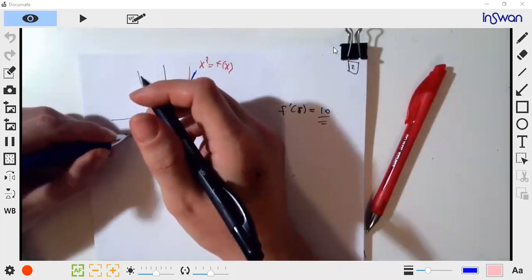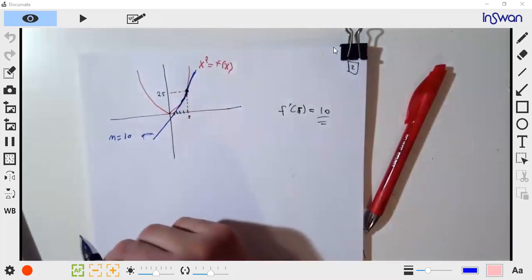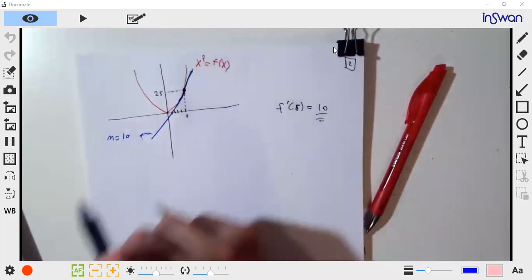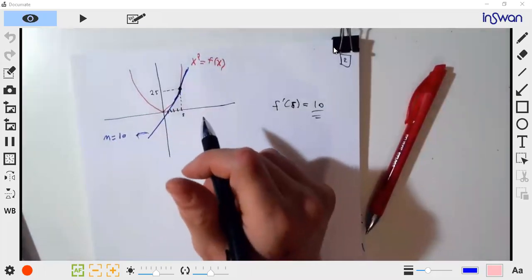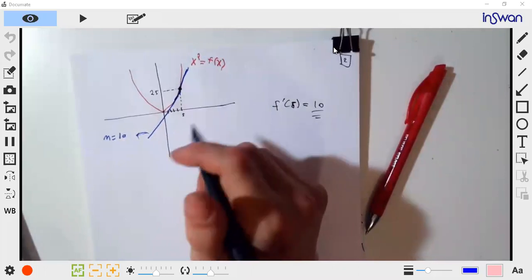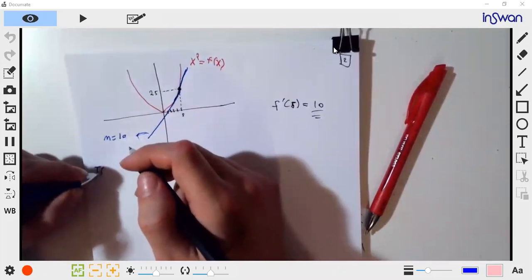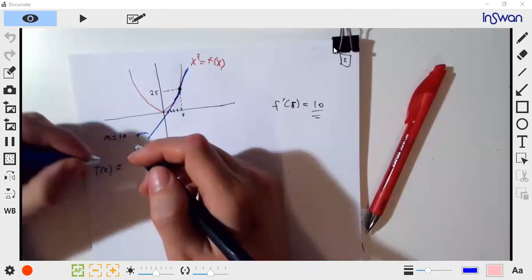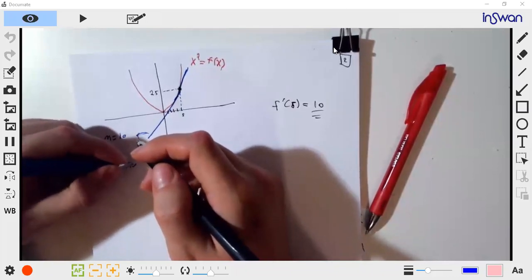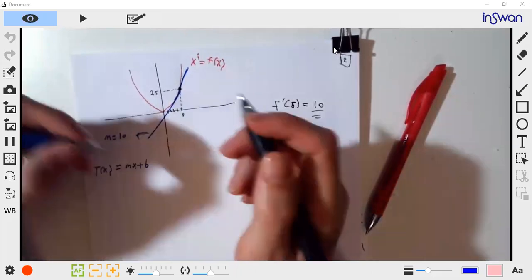And that makes sense because the line has a positive slope, as you can see. So clearly it has a positive value, and our calculations reveal that its value is positive 10. Okay, so that's what that means. So can we construct what this tangent line t of x is? Can we construct what this equals? It should equal some mx plus b, right? But what is it equal to?